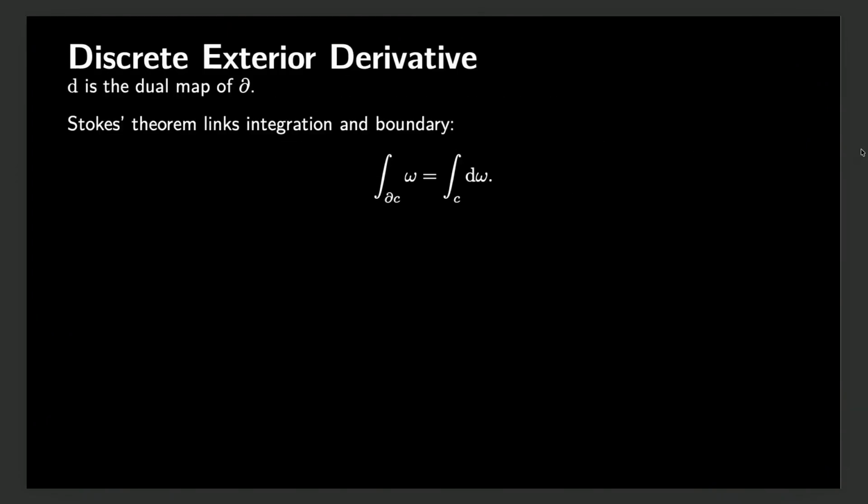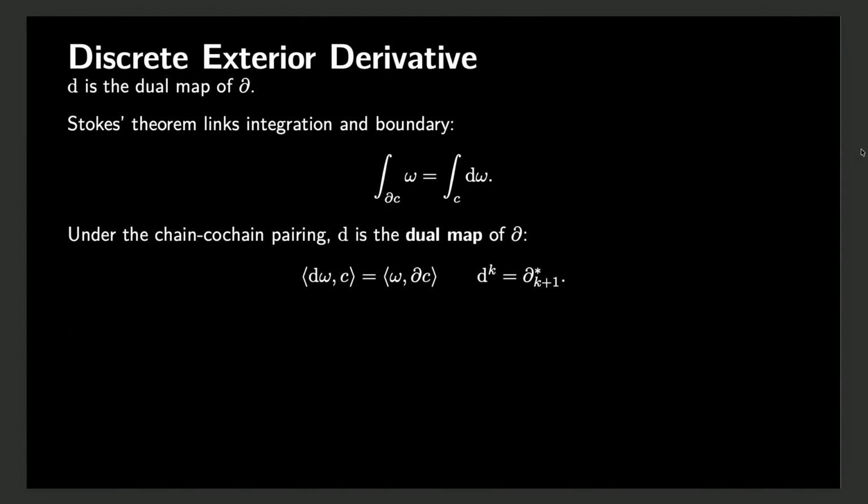Using this, we can define the discrete exterior derivative. We start with Stokes' theorem, relating the exterior derivative and the boundary operator, and then you basically can re-express this in the duality pairing as this statement. And here you can see that the exterior derivative is the adjoint of the boundary operator.